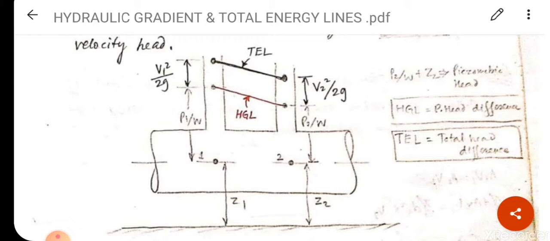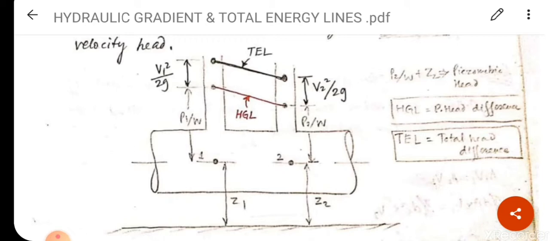Adding one term in this equation, that is total head: piezometric head plus kinetic head will give you the total head at point 1. Similarly, at point 2, adding V2 square upon 2G will give you the total head at point 2. The total head difference is known as TEL.